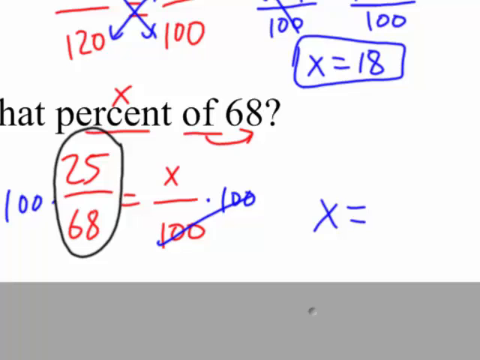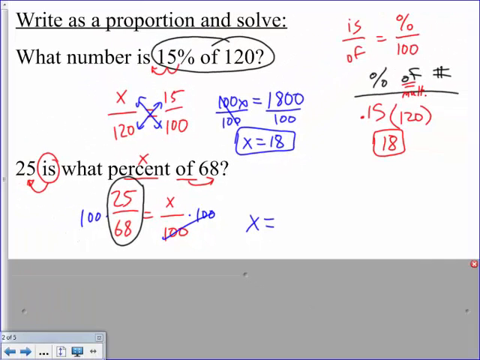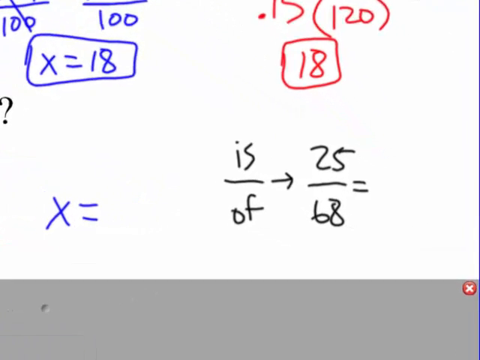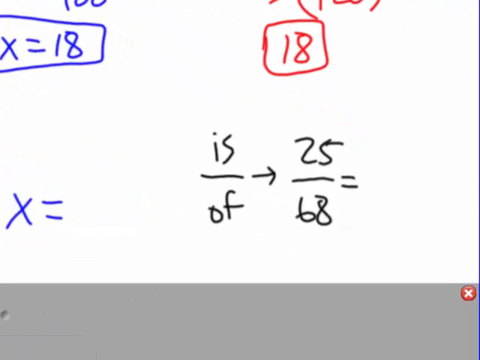So I could type that all into a calculator, 100 times 25 divided by 68. Or the quick way to do this, if you're ever trying to find a percent, just put your is over of. So for example, 25 over 68, and find what that is as a decimal. In this case, it is 0.3676, and it goes on and on.